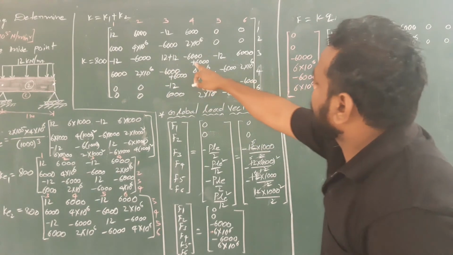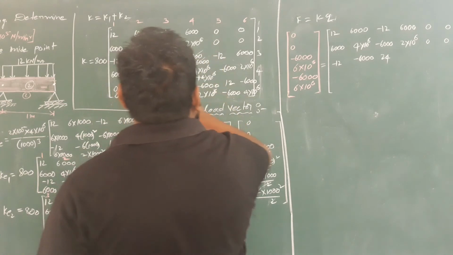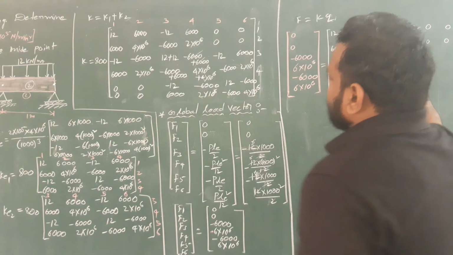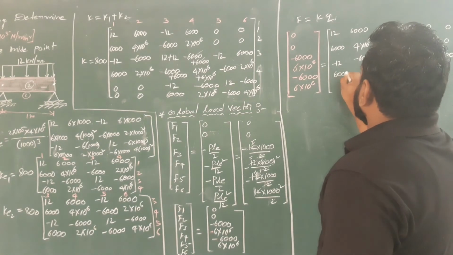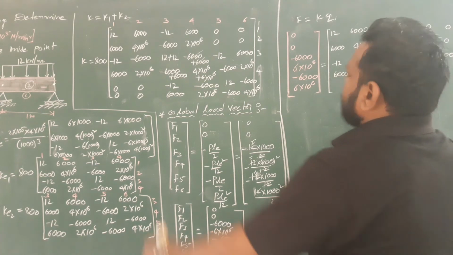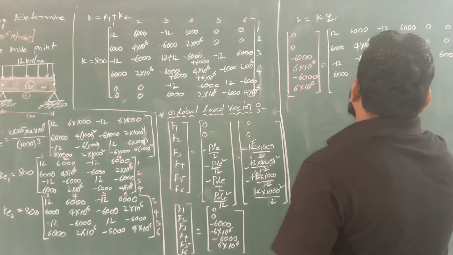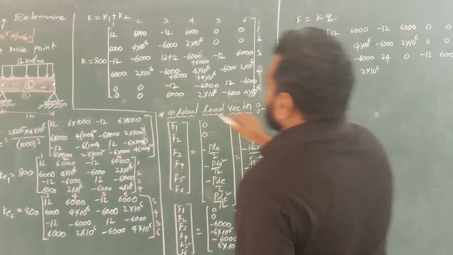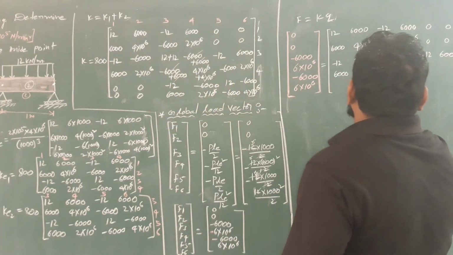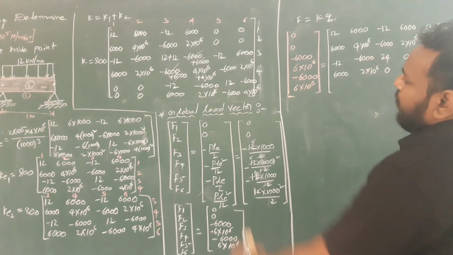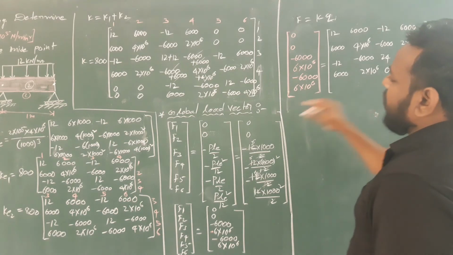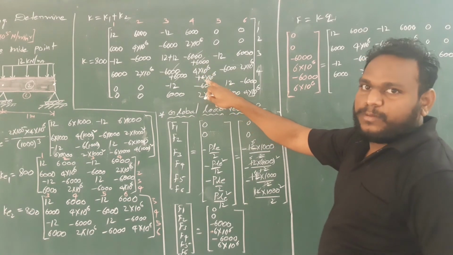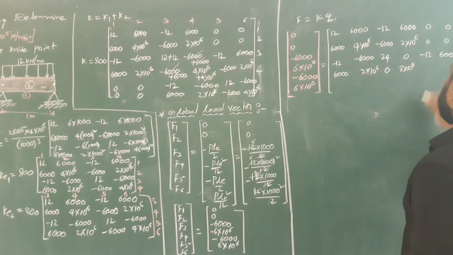Next here plus 6000 minus 6000 is cancelled, here it is 0. Next minus 12, next 6000, next 6000, next 2 into 10 to the power of 6, here 2 into 10 to the power of 6, here 6000 cancelled, this is the 0. Next 8 into 10 to the power of 6, because 4 into 10 to the power of 6 plus 4 into 10 to the power of 6, that is 8 into 10 to the power of 6.